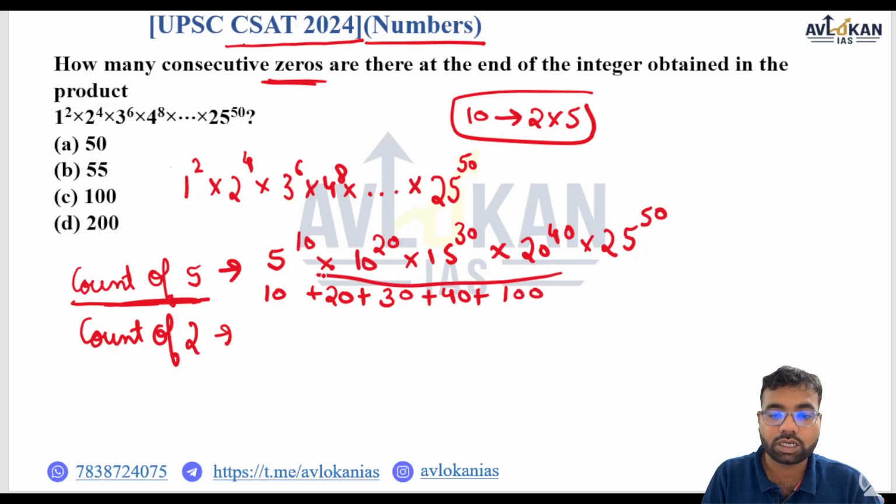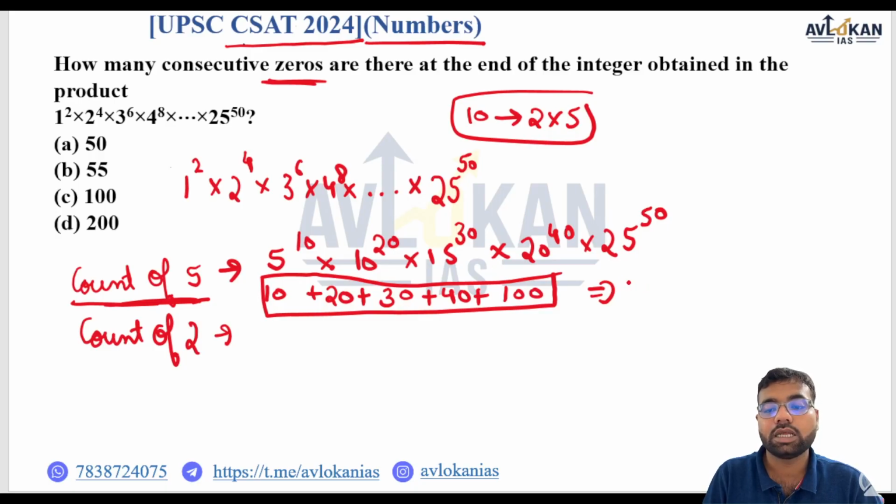So this is my total count of powers of 5: 100 plus 40 plus 30 is 170, plus 20 is 190, plus 10, and that is 200.